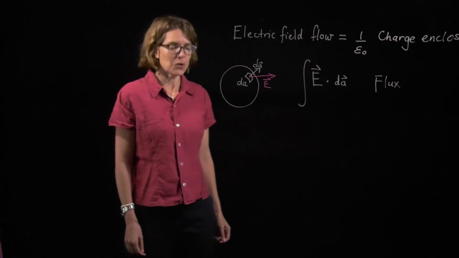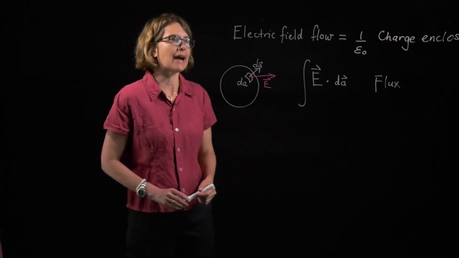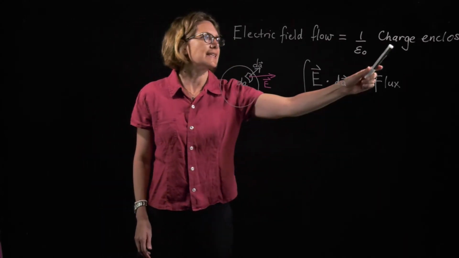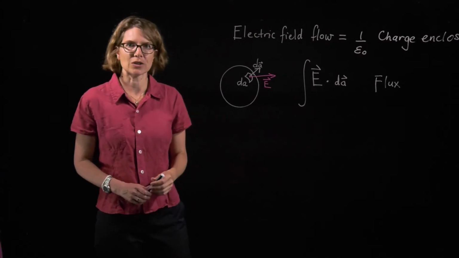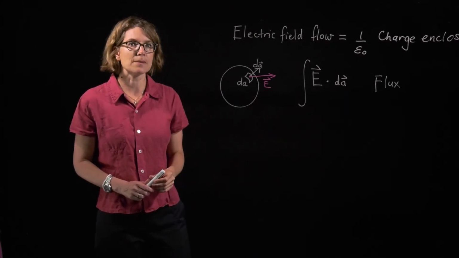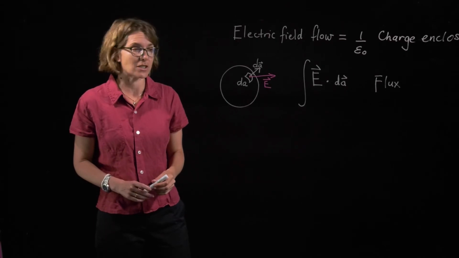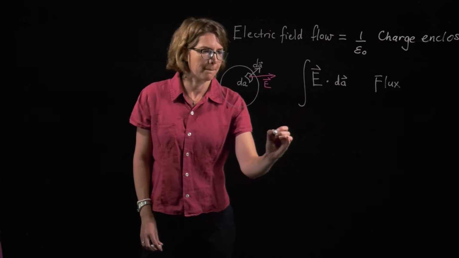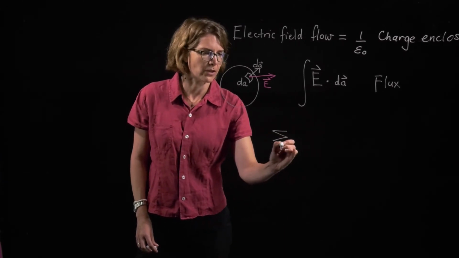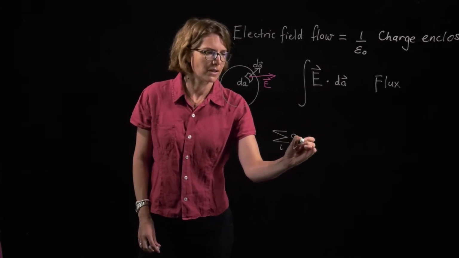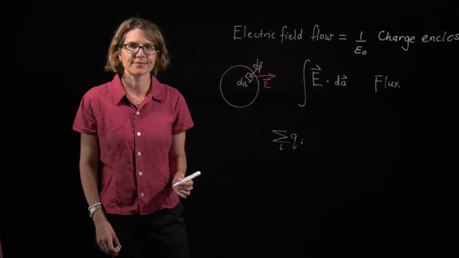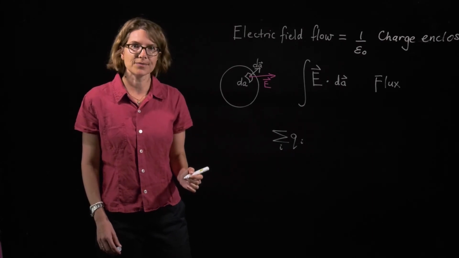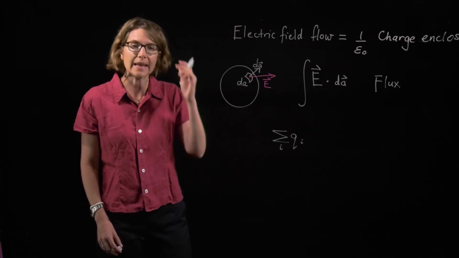Okay, so we've worked out our electric field flow. Now, it's easy enough to work out the charge enclosed, isn't it? The charge enclosed might be discrete point charges, so it's easy enough to add them up. We just sum over each of those charges. Alternatively, the charge might be distributed, like on the plate of a capacitor.